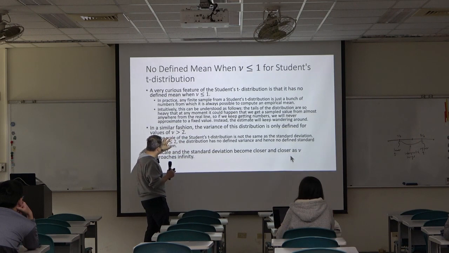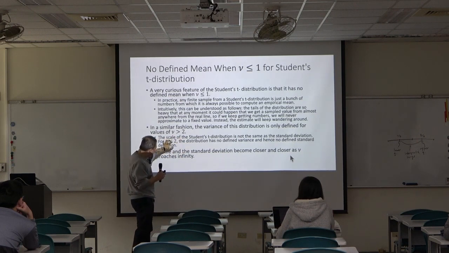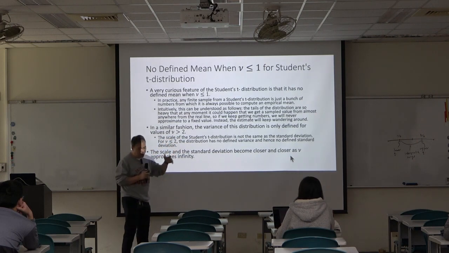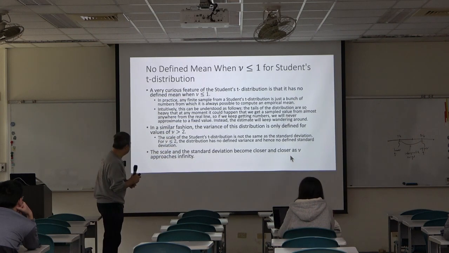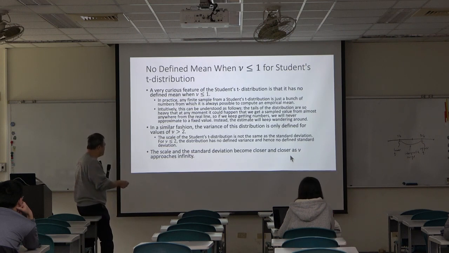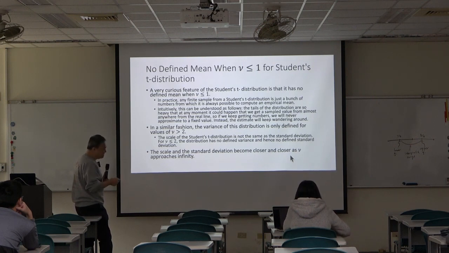I want to remind you again, even though in some degree they are similar, they are different. Scale and standard deviation become closer and closer when v approaches infinity. That is why in some aspects they are similar, but when v is finite, this statement is not correct.